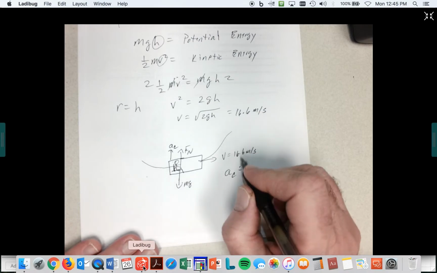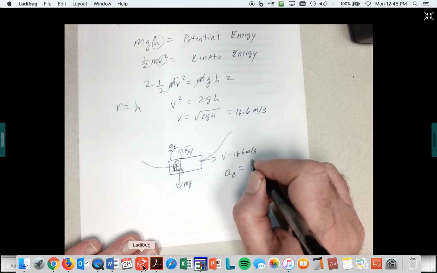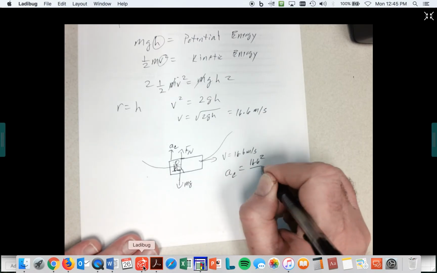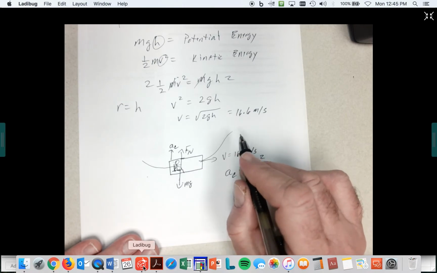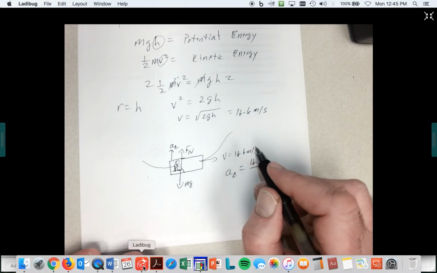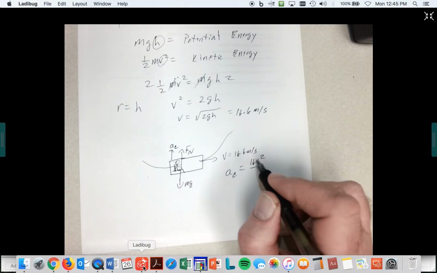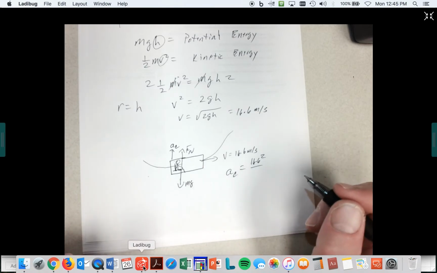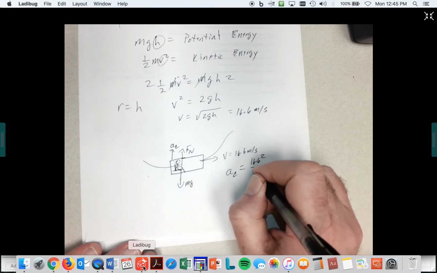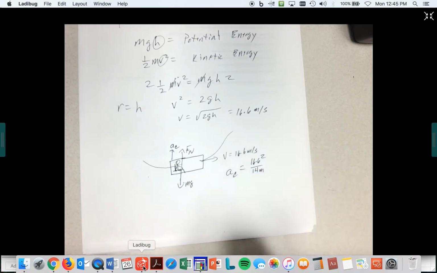Okay? And that net acceleration is 16.6 squared over, what's the height of the thing? 14. Sorry. Over 14 meters. I kind of forgot myself there for a second. I apologize.